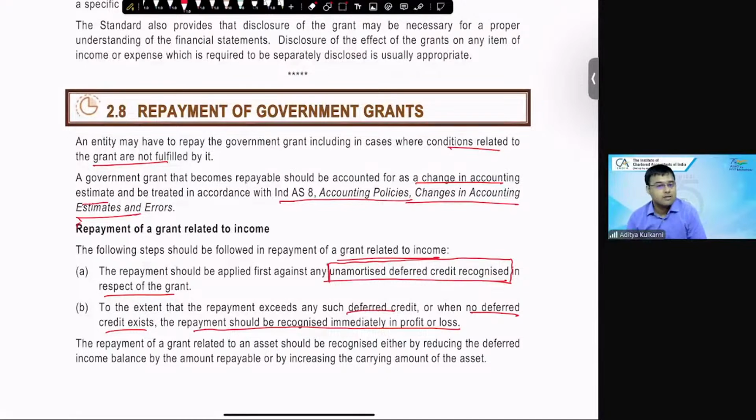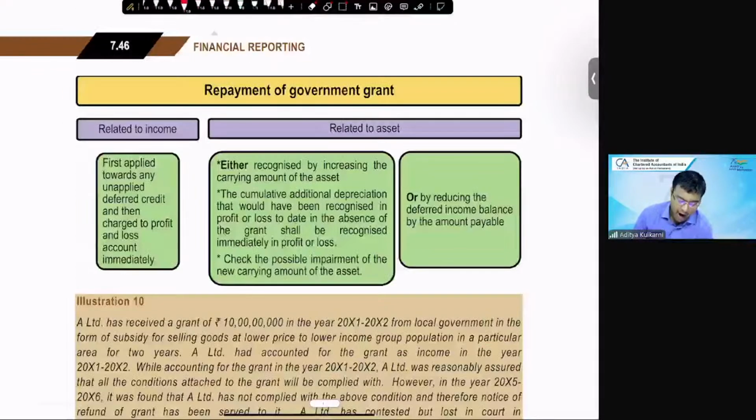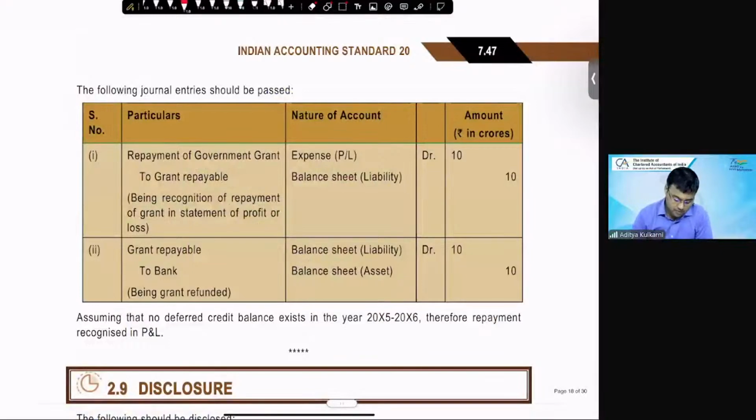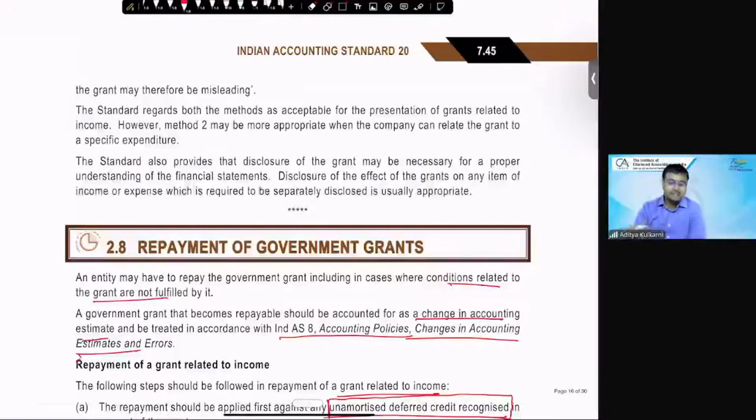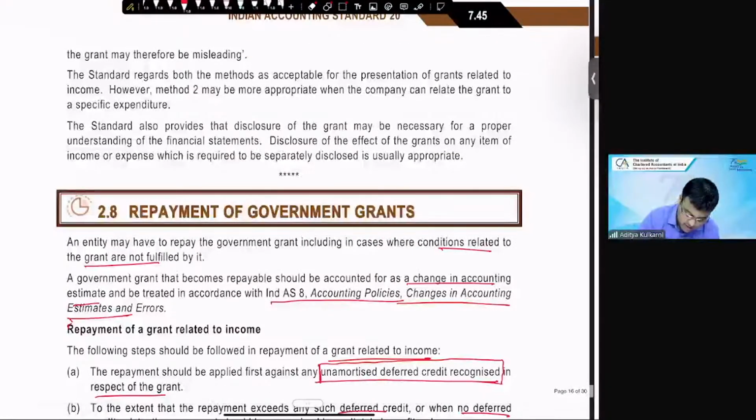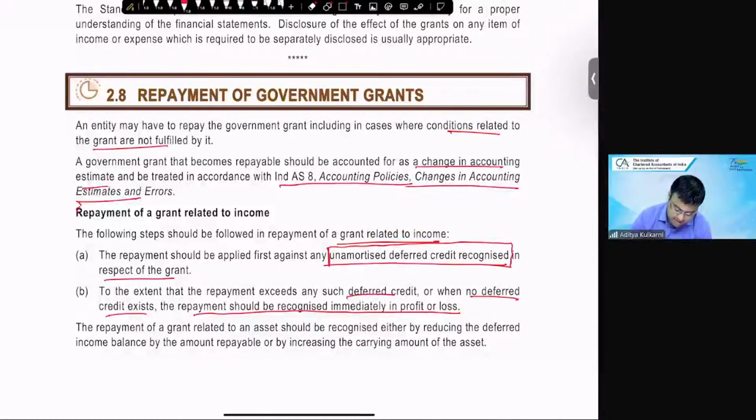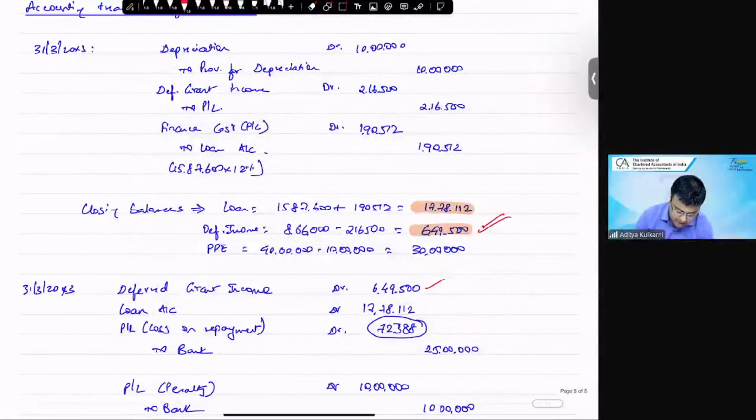Are we okay with this? Yes, sir. To the extent repayment exceeds deferred credit, you can see here 25 lakh is exceeding the deferred credit, grant also, loan also. So the difference went to the profit and loss account, 72,388 in our example.